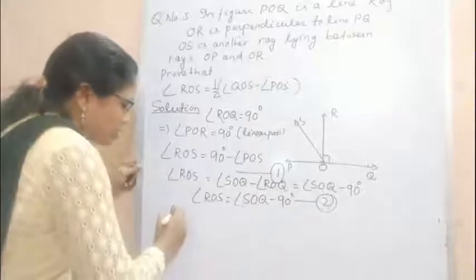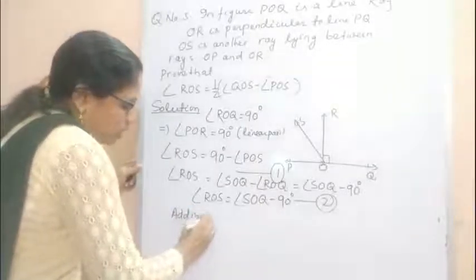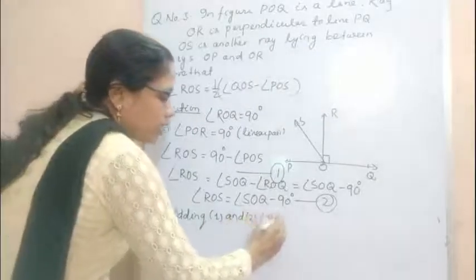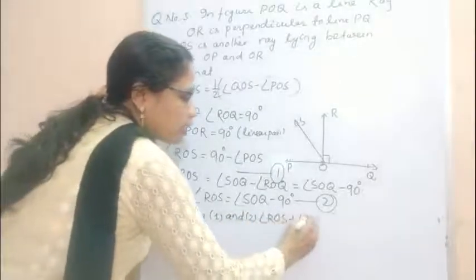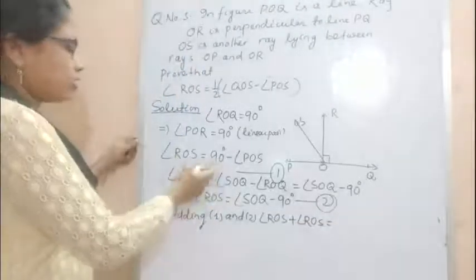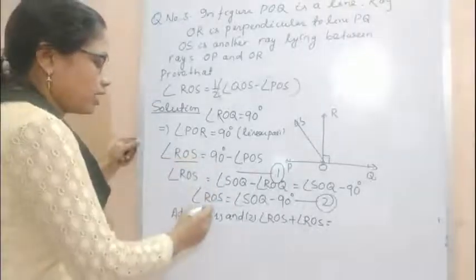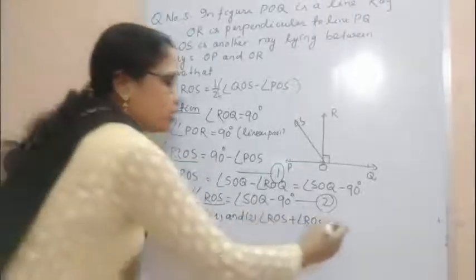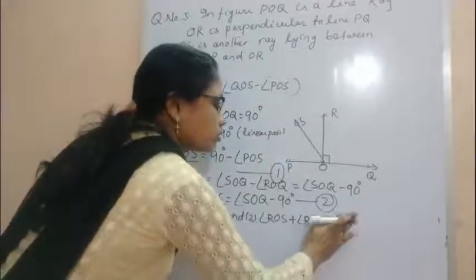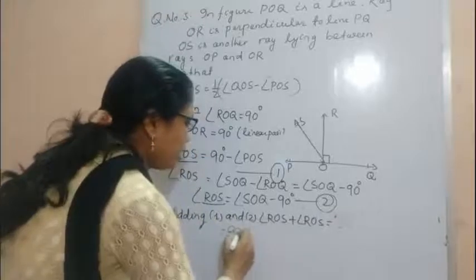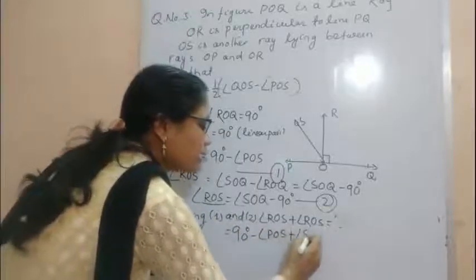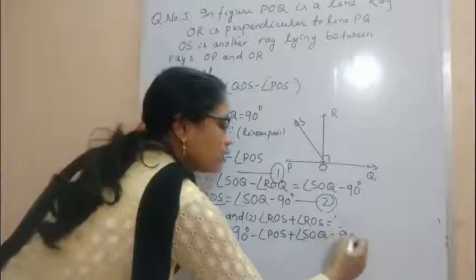So adding equation 1 and 2, we got angle ROS plus angle ROS is equal to 90 degree minus angle POS plus angle SOQ minus 90 degree.